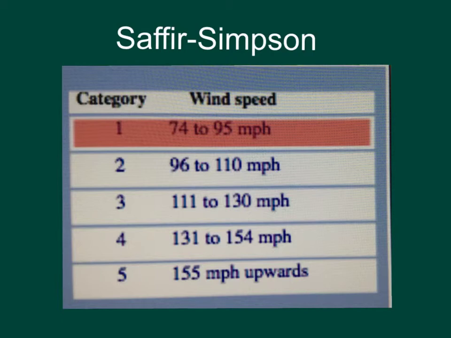Category 4 has 131 to 154 miles per hour in the tropical storms. This would do a lot of damage to buildings and cars would go everywhere. There would also be quite a lot of water inland if you were on the coast. Category 5, as Oyon said earlier, would have some devastating effects and nearly everything would be destroyed.